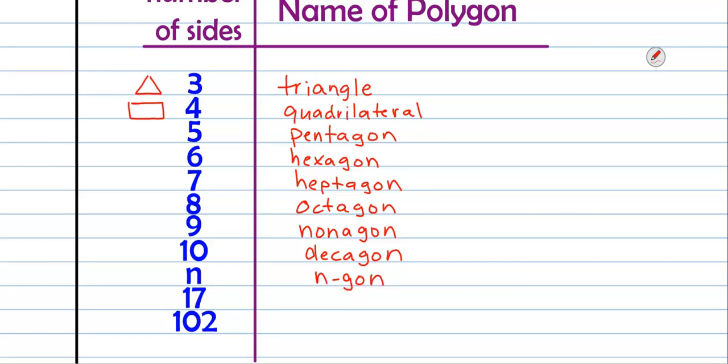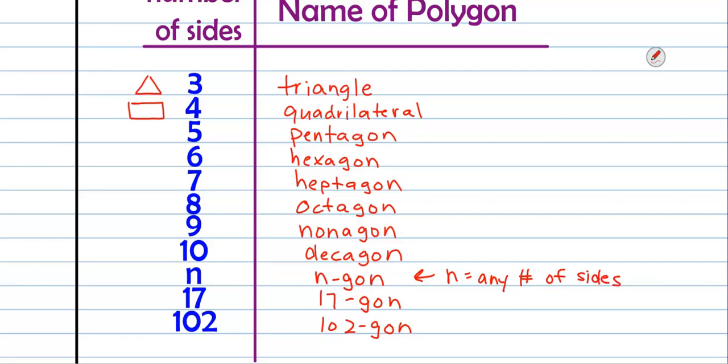So a 17-sided polygon would just be a 17-gon. And a 102-sided polygon, you got it, we're just going to call it a 102-gon. So this n stands for any number of sides.